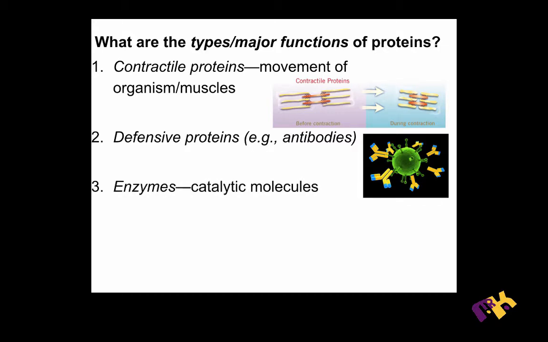All right, we also have a third function known as enzymatic proteins, or enzymes for short, right? So these enzymes are catalytic molecules, meaning that they're going to help chemical reactions happen, or maybe even allow them to happen at a quicker pace, because they're going to reduce the amount of energy needed. In the last part of Unit 2, we look at enzymes specifically because they are a very crucial, critical part of our own existence.